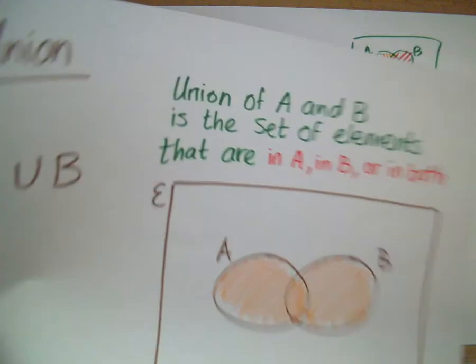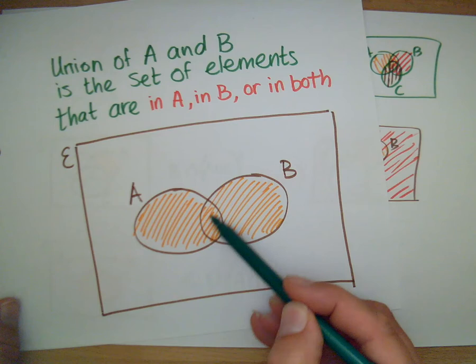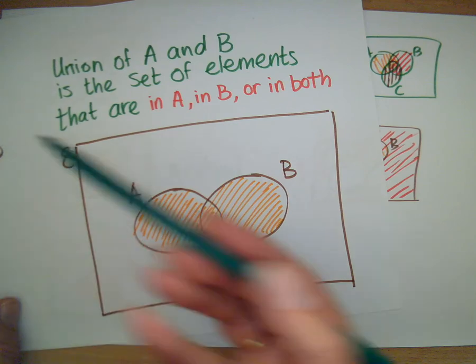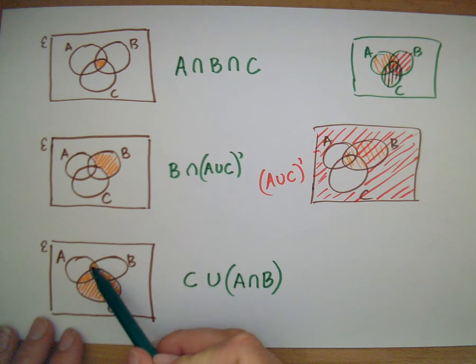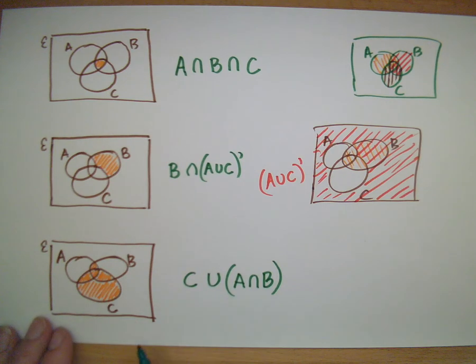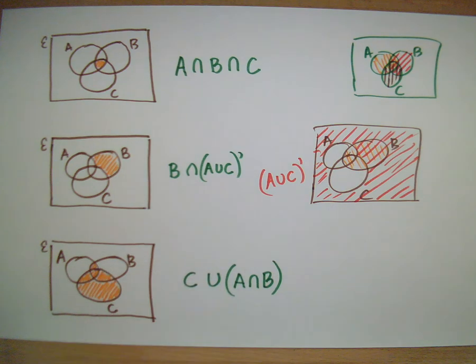So it doesn't matter that we name them twice. Here we named this part twice. It's inside A, it's also inside B. That doesn't matter, right? So we're combining, which is this sign, C and the intersection between A and B. And we get that.